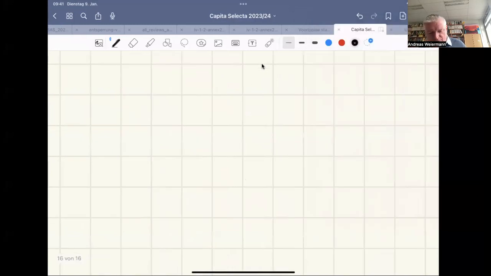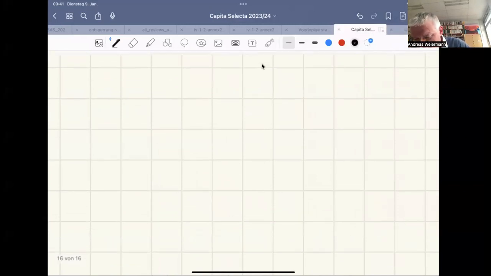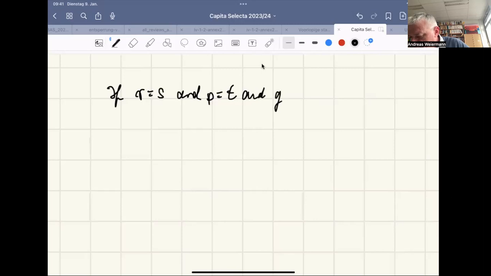Now there's some last one. Namely, last case is, so we have the exponential based normal forms for m and n. Last case is if r is equal to s and p is equal to t and q is smaller than u.